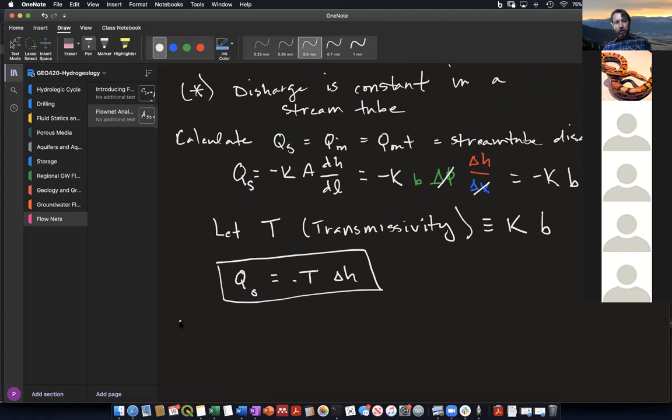So the discharge through the flow net, let's call this QT.